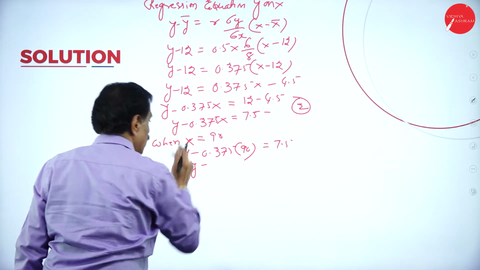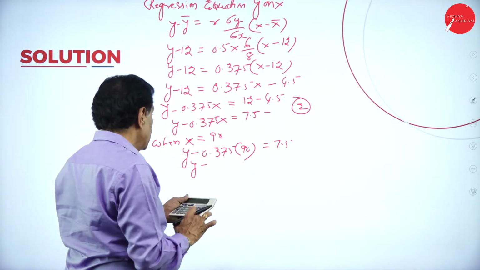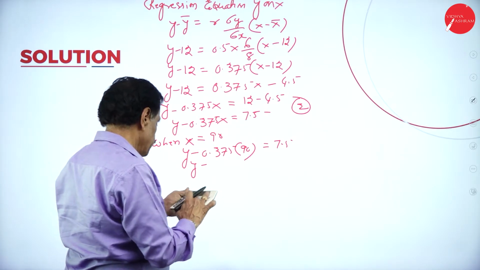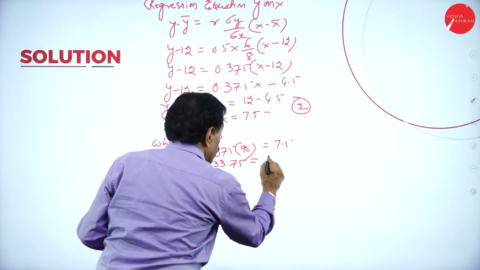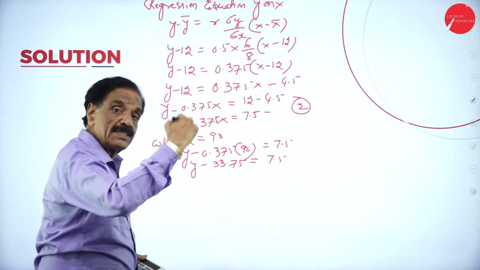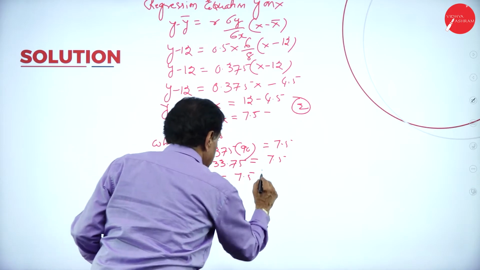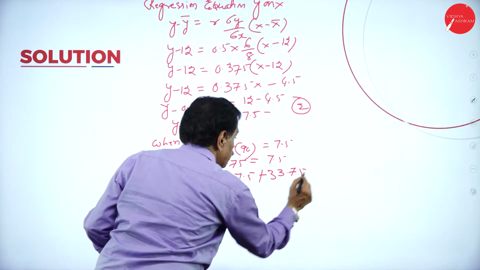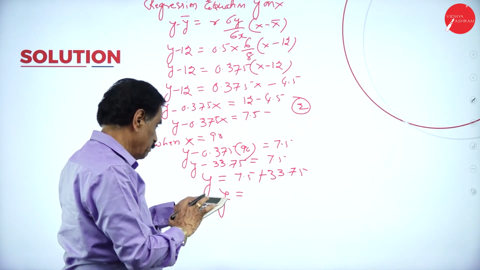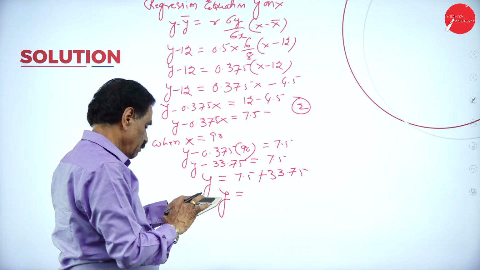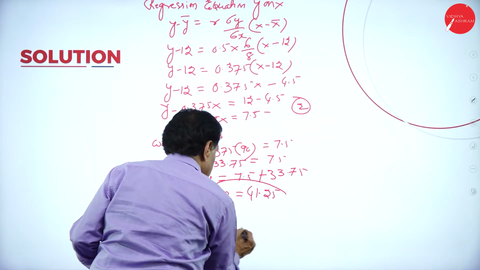Y minus 33.75 is equal to 7.5. You take the minus that side, minus becomes plus. Y is equal to 7.5 plus 33.75, so y is equal to 41.25. That is the answer.